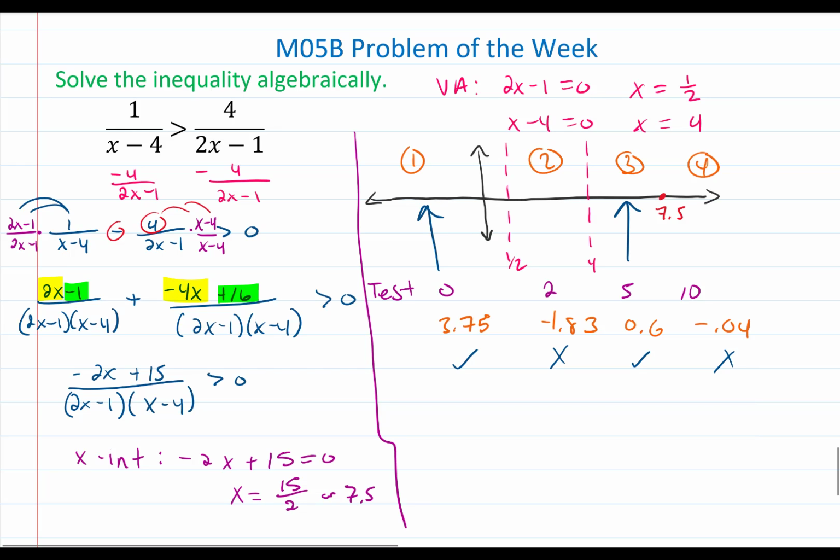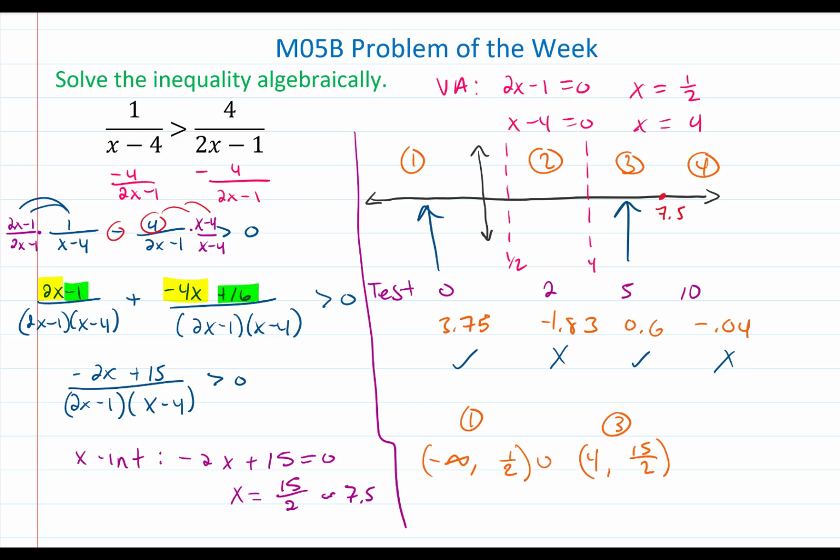Interval 1 is going to be represented from negative infinity up to positive 1/2, with parentheses around both, union, and then interval 3 is going to be from 4 to 15 halves, with parentheses around both of those. So that's the solution to my rational inequality.